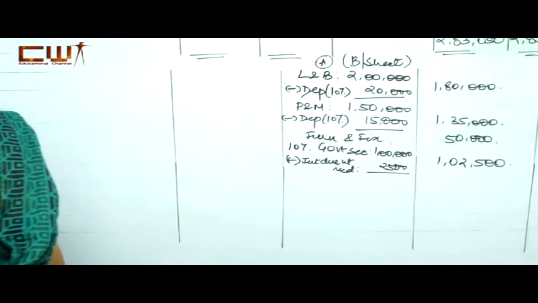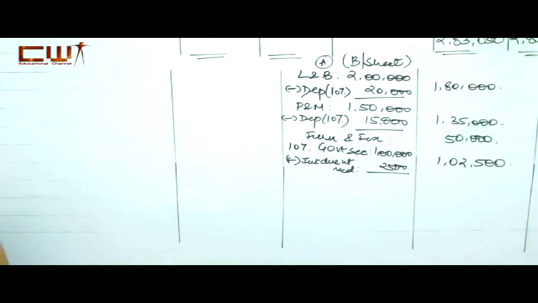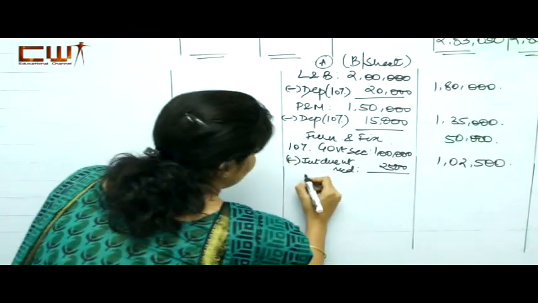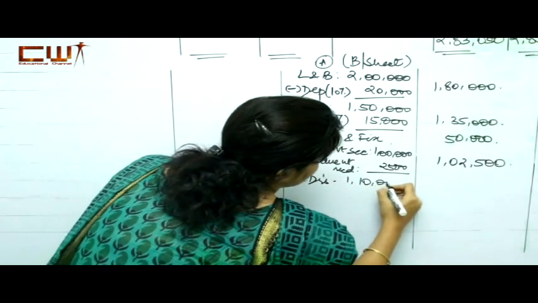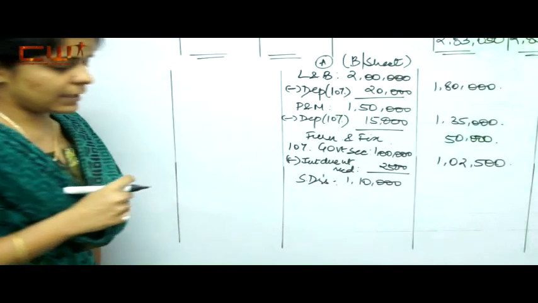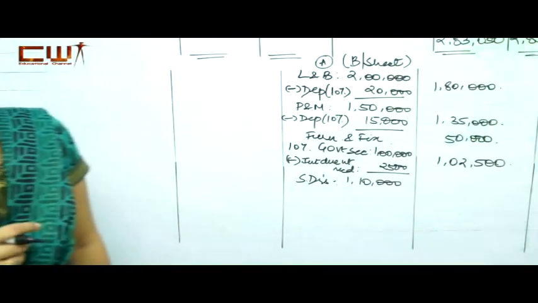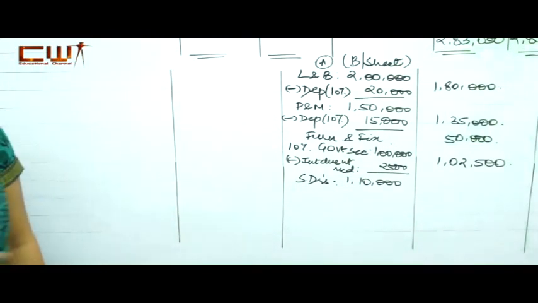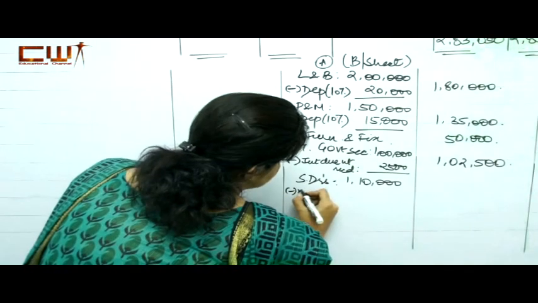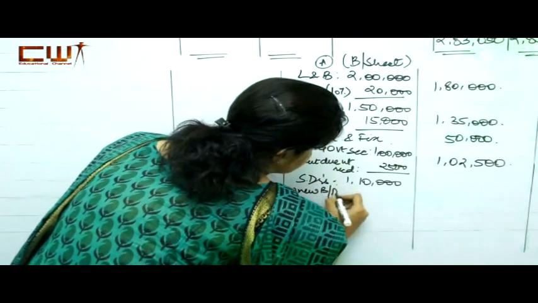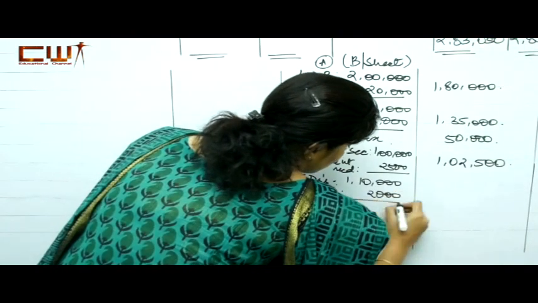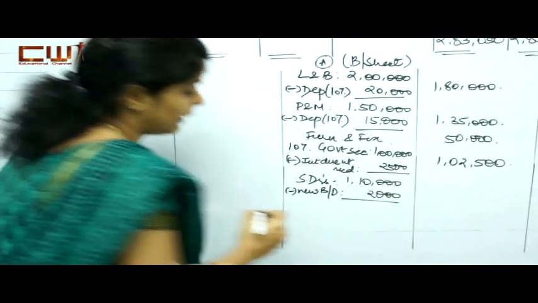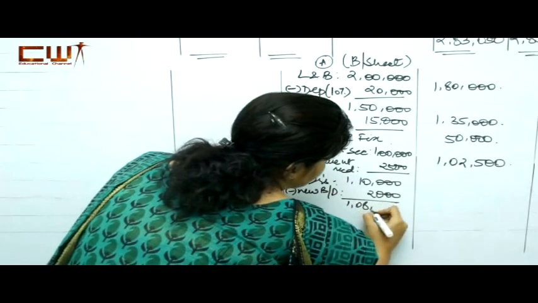See what next is given to you. You have sundry debtors of 1,10,000. Then you have to subtract what? New bad debts, that is 2,000. That is the format. Subtract the new bad debts first. 2,000. So how much will you get? 1,08,000.